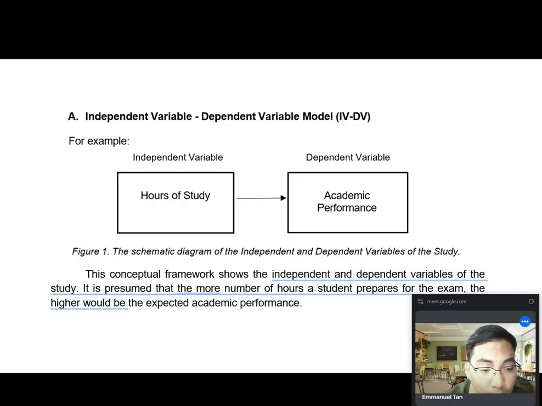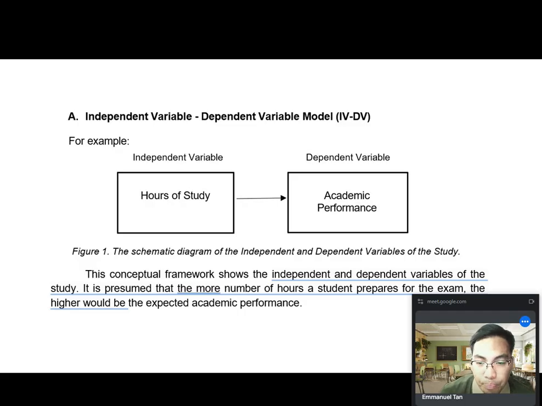So, ang kiniklaim dito sa framework na to ay there would be a relation or effect between the hours of study and the academic performance. Okay? So, that's the schematic diagram of the independent and dependent variables of the study. Ganun lang siya, kasimple or ka-basic.